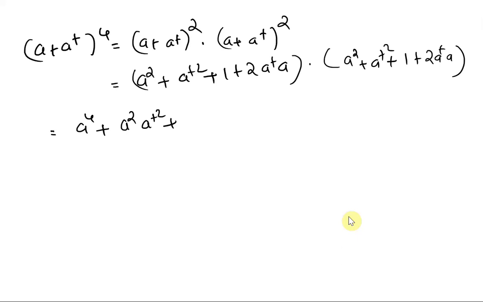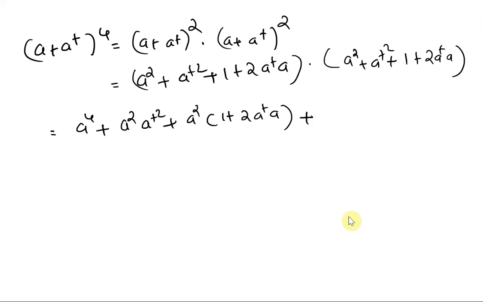These two terms I will take together because one is not changing the state, and 2 a dagger a will not be changing the state. So these are the terms which are not changing the state, so I'll just multiply it together. So a square times 1 plus 2 a dagger a. Okay, so a square multiplication is over.